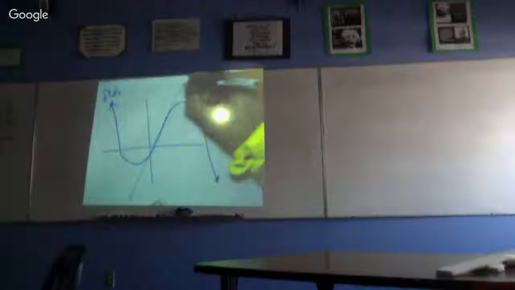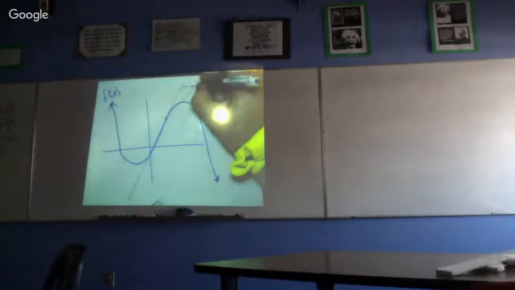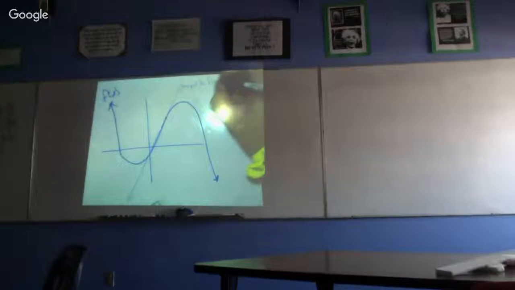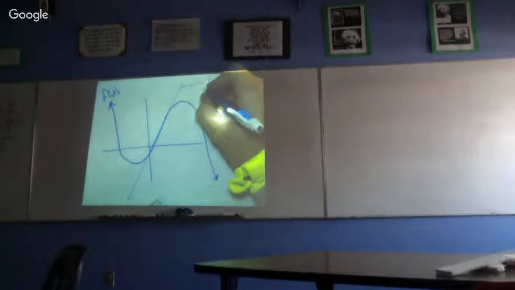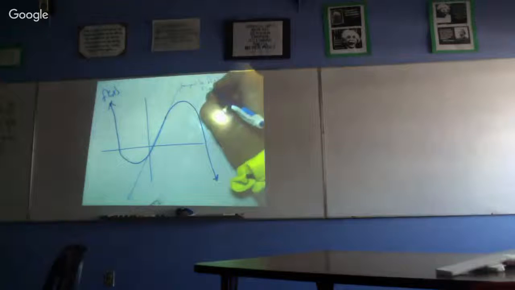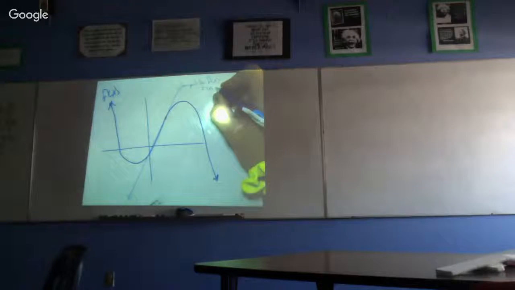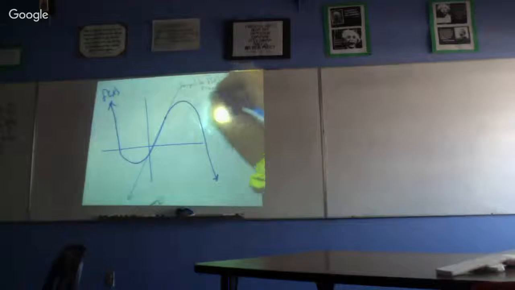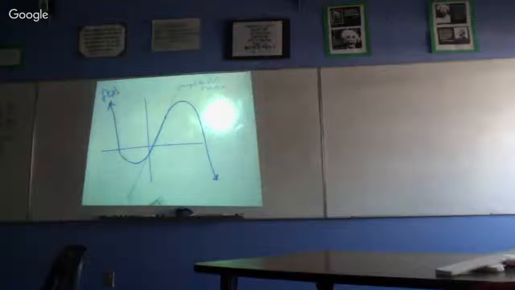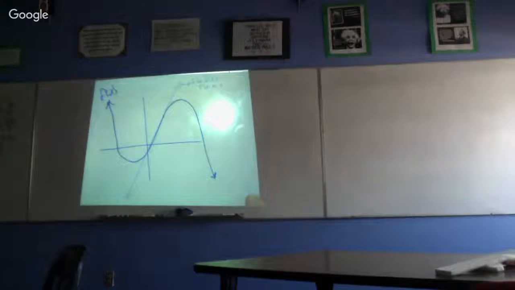So this is tangent to f of x. Well, that tangent to the f of x is actually the gradient function at that point, the line using that gradient at that x. So that's the tangent.